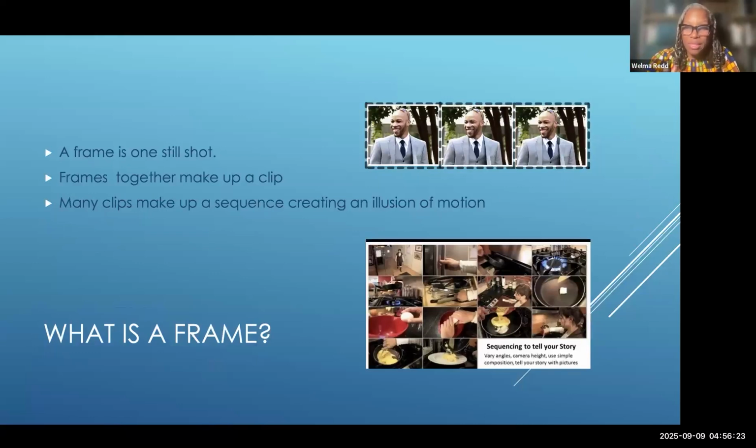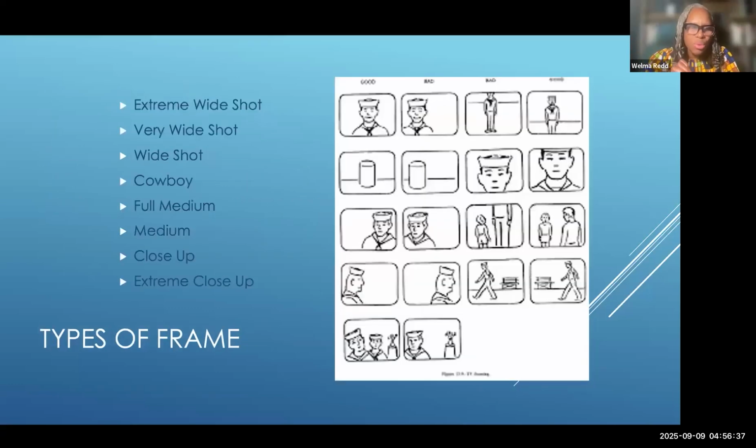And the sequence, if it's moved through time, creates the illusion of motion. We want to look at types of shots: extreme wide, very wide, wide, cowboy, medium, full medium, close up, and extreme close up.